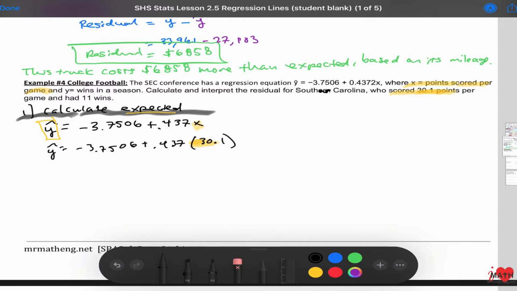What we're solving for, the y hat, if you put that into your calculator, remember you're multiplying first, then you're going to add negative 3.7506, and we predict that they will have 9.40 wins.